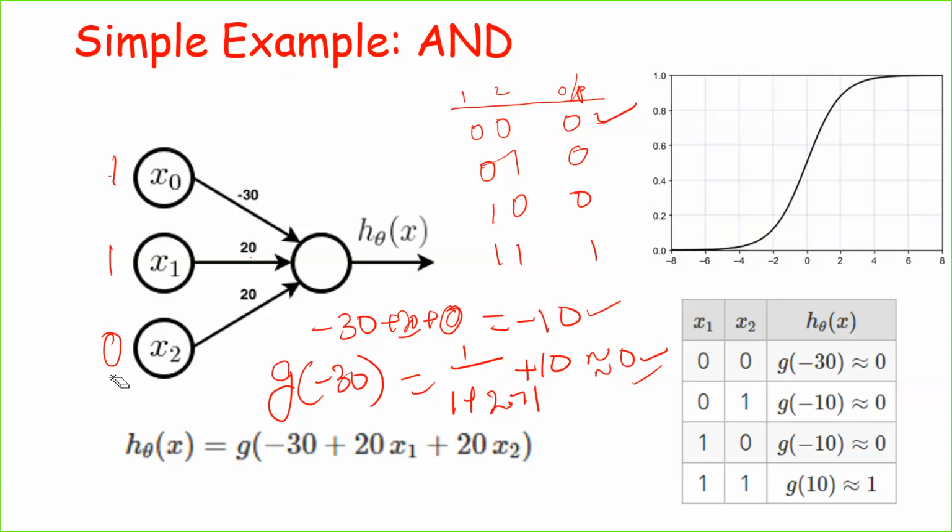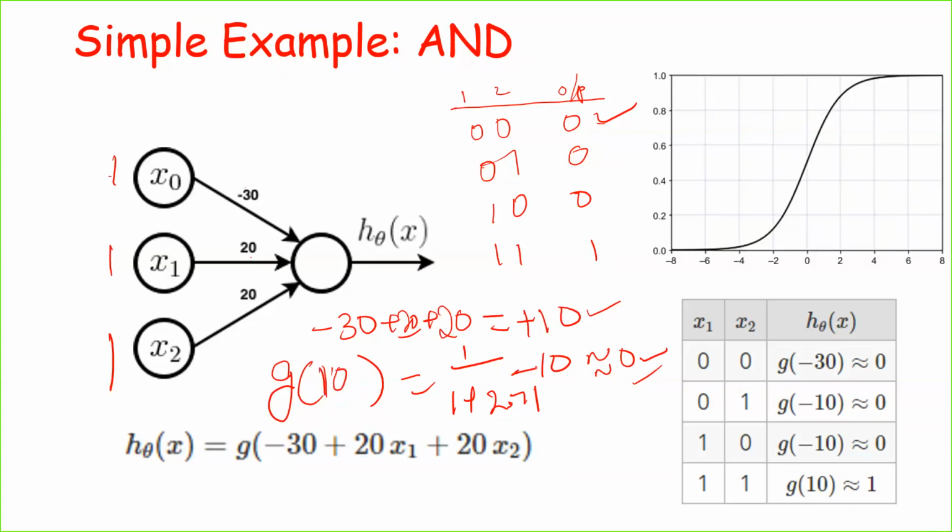Tell me, when 1, 1 is the input, what do we expect? We expect 1 as the output. What is the net sum you get here? Minus 30, plus 20, plus 20, which is plus 10. So z of plus 10 is 1 divided by 1 plus 2.71 to the power minus 10.